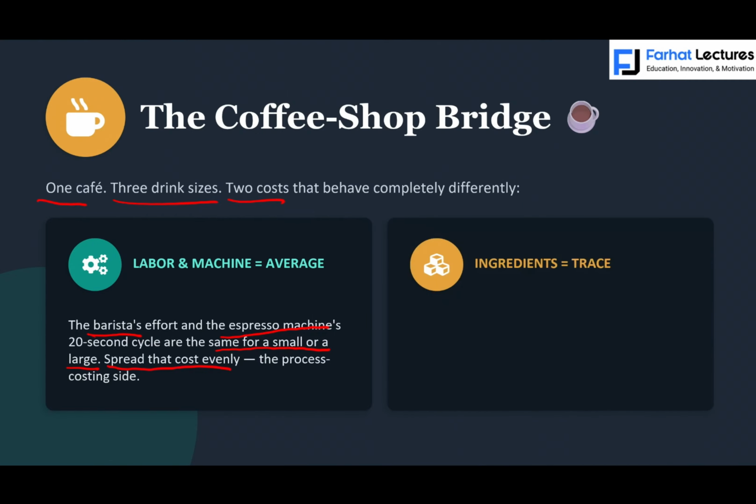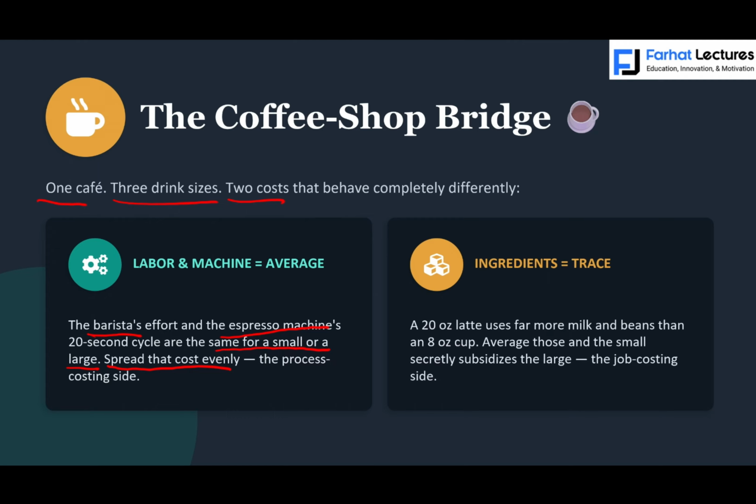Now, when it comes to the ingredient, you have to trace the ingredient separately for each cup of coffee, in terms of size and in terms of the ingredient itself. A 20-ounce latte uses far more milk and beans than an 8-ounce cup, just because of the size. So average those, and the small will be subsidizing the large.